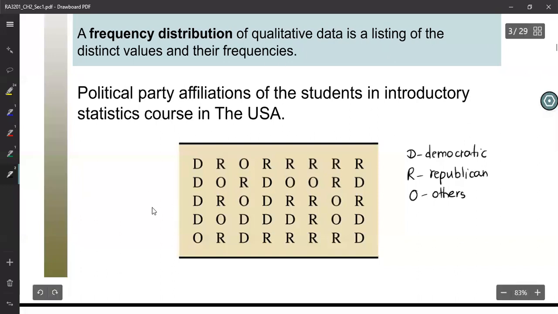Now, if you look at this set of letters, it is just a collection of letters, D's and R's and O's jumbled up here and there. By looking at this set of letters, it is very hard to figure out whether D is the most frequently appearing letter, or R, or O. It's very hard to figure it out at a glance, right?